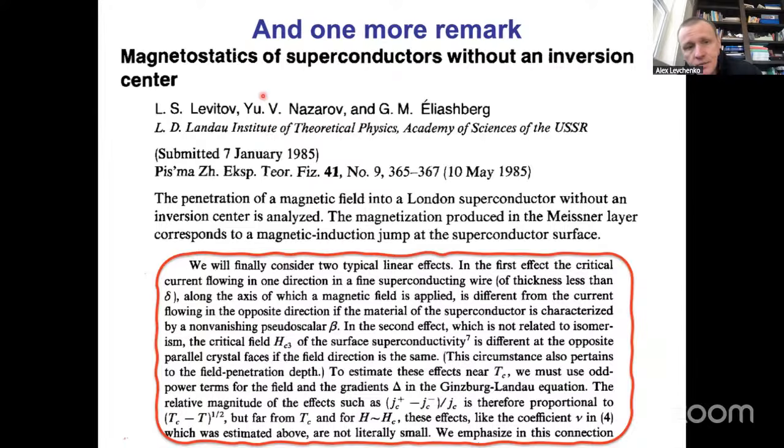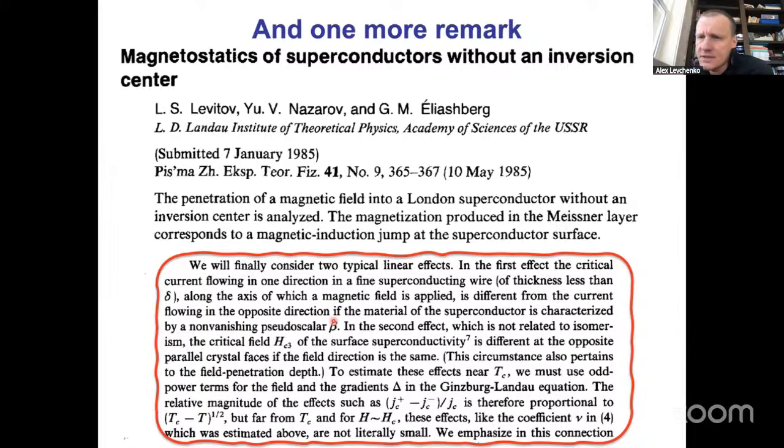But then there is also another work from Levitov, Nazarov, and Eliashberg in 1985. They studied magnetostatic properties of superconductors without an inversion center. At the very end of the paper, they make two predictions as a summary. One of the predictions is the following: the critical current flowing in one direction in a fine superconducting wire, along the axis of which the magnetic field is applied, is different from the current flowing in the opposite direction, if the material of the superconductor is characterized by a non-vanishing pseudovector beta.